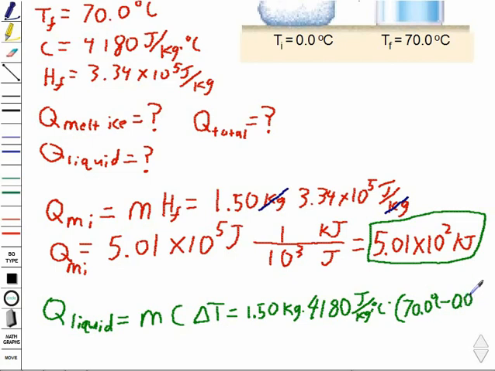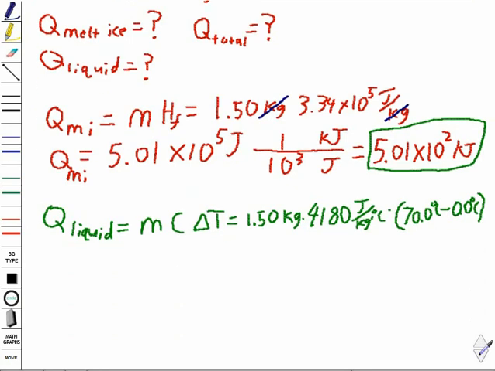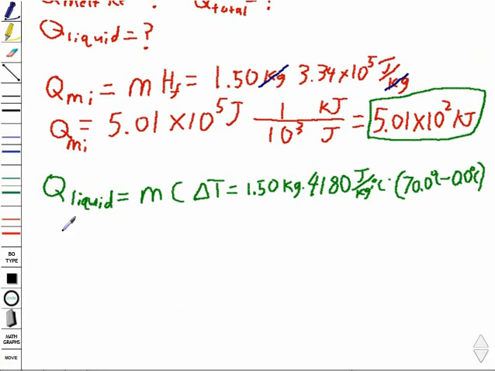Once the ice melts, it's still going to be 0 degrees Celsius. So my heat required is going to be 4.39 times 10 to the fifth.